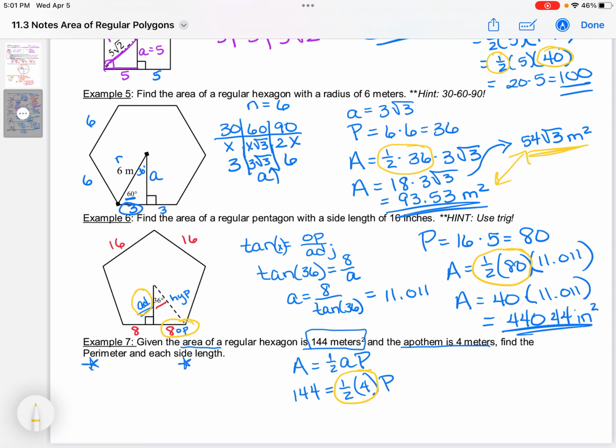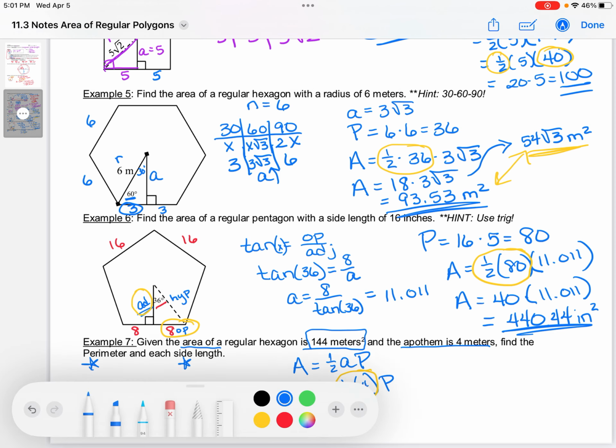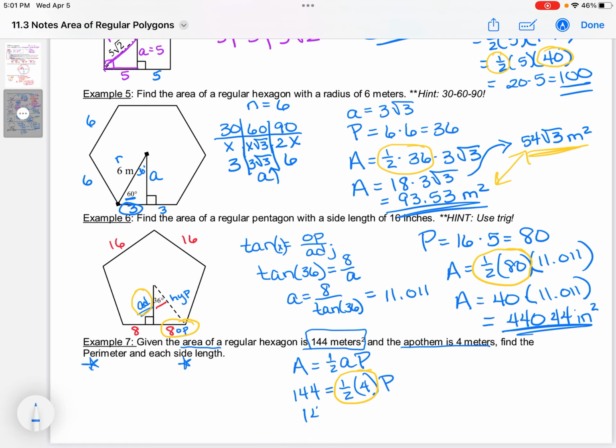I'm going to go ahead and do 1/2 of 4 because that'll make it easy for me to solve. So I have 144 equals 2 times the perimeter, which means I just have to divide both sides by 2. My perimeter equals 72. So that's my perimeter, 72 meters.